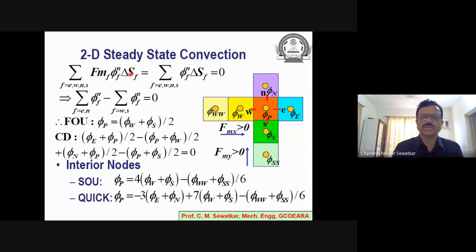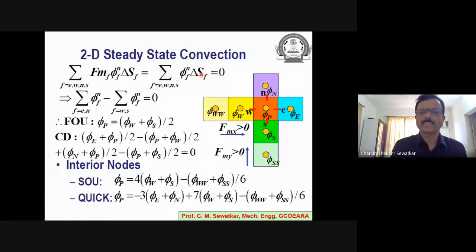So this equation, instead of an equal to sign, I should have put it here. This equation implies that the summation over east, west, north, south faces of phi_F at the nth time instant, phi_F in the normal direction into delta S_F is equal to 0.